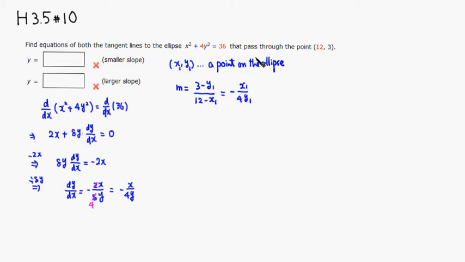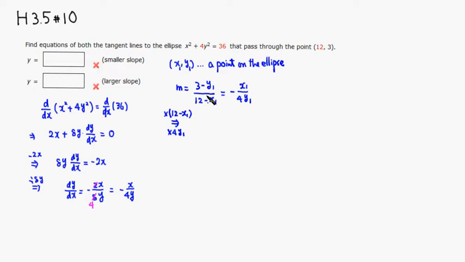Let's look at this equation. I don't like having a fraction, so we're going to cross multiply. We multiply both sides by 12 minus x1 and also by 4y1. The 12 minus x1 cancels out on the left, and we multiply 3 by 4y1.